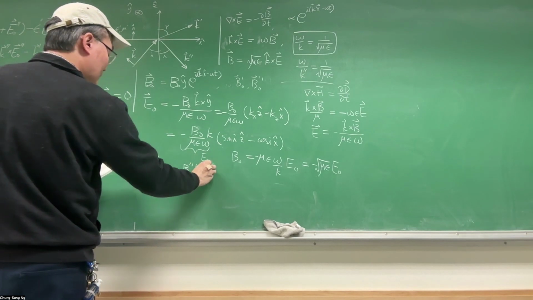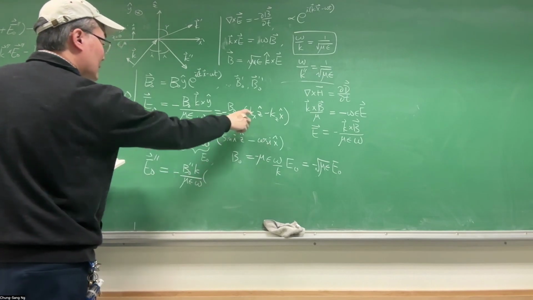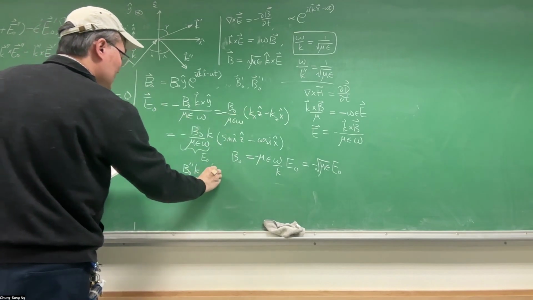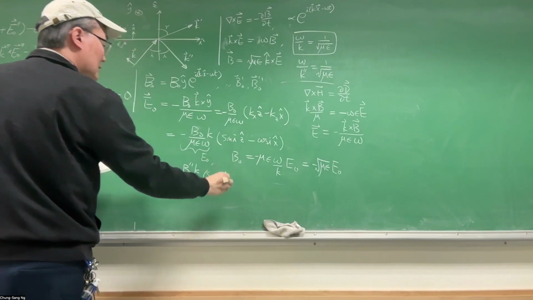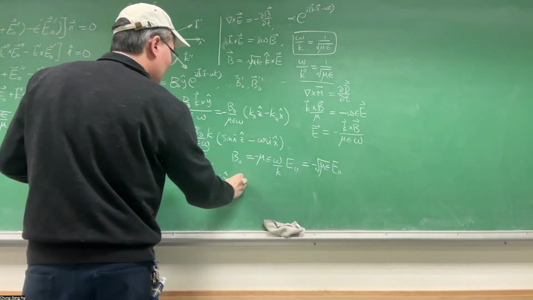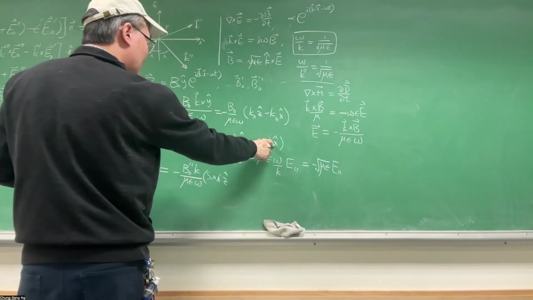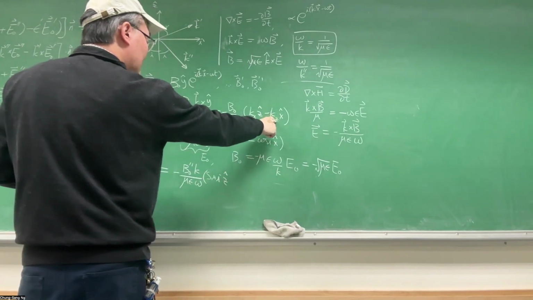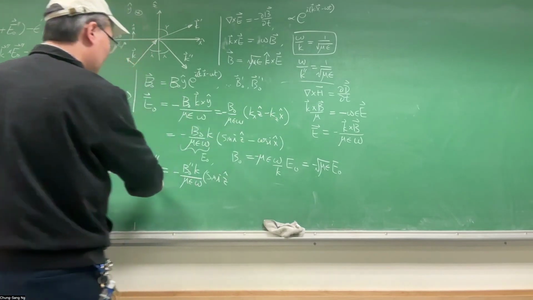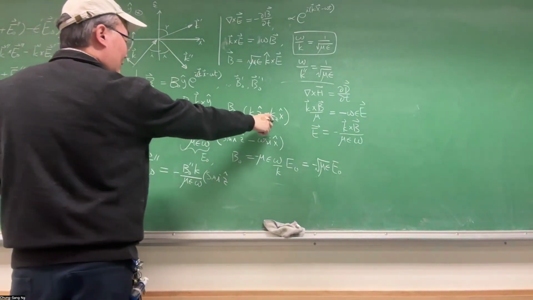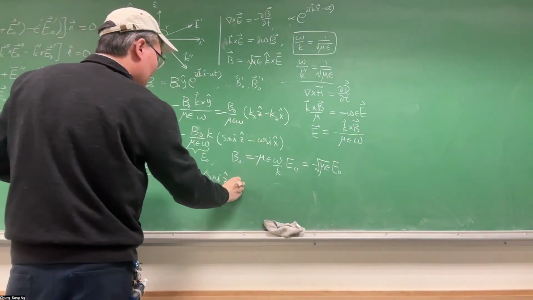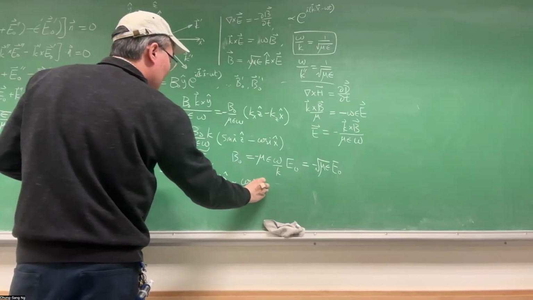So everything is the same. Kx is the same, but Kz has changed sign for the double prime, the refracted ray. So this one changed the cosine.